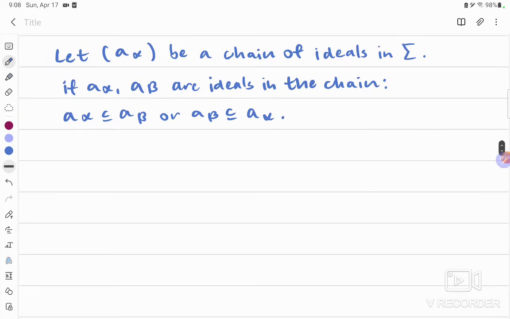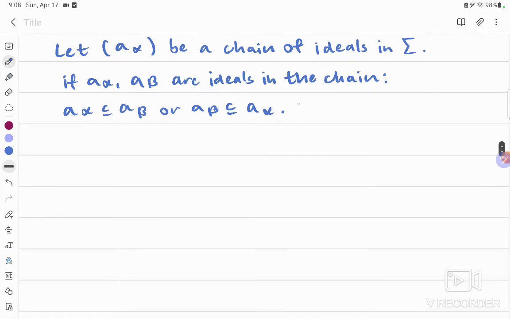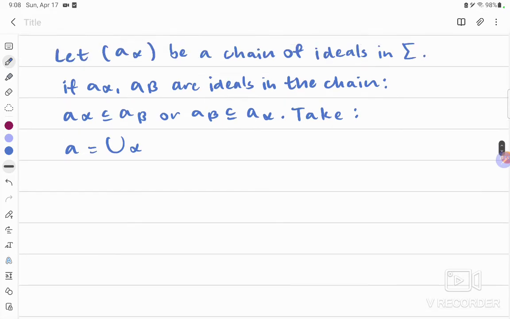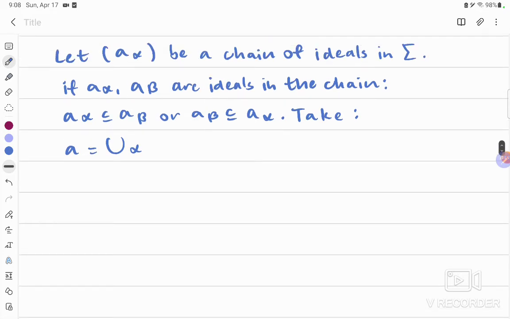Then we want to form or postulate the existence of the maximal ideal. To do this, for this chain, as the upper bound we can take little a, which is going to be the union across all of these ideals.